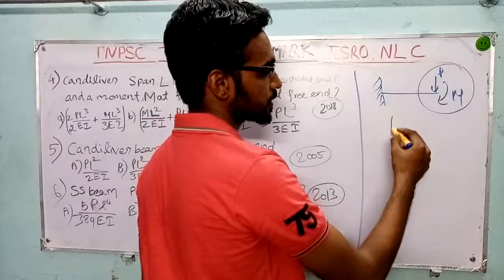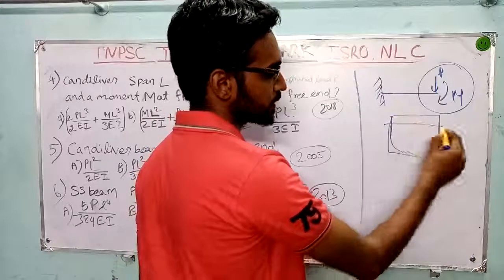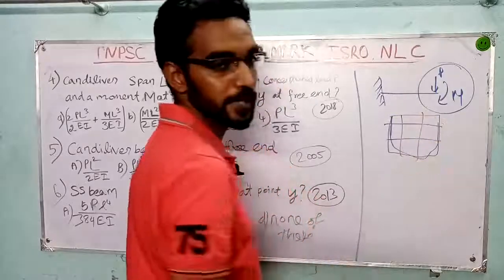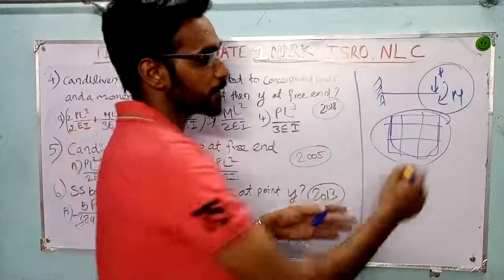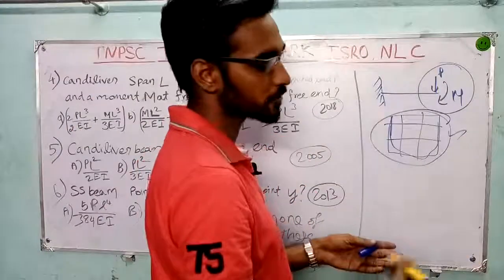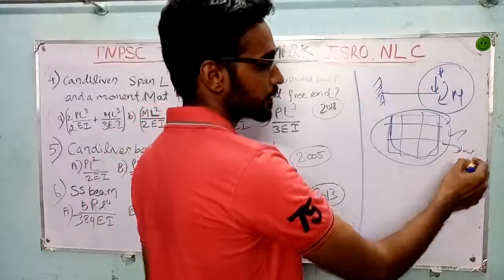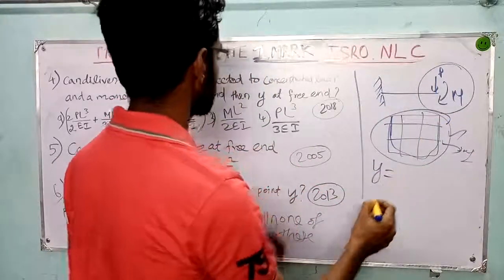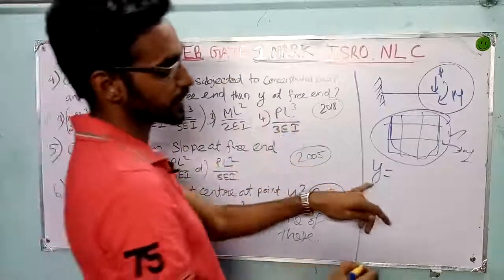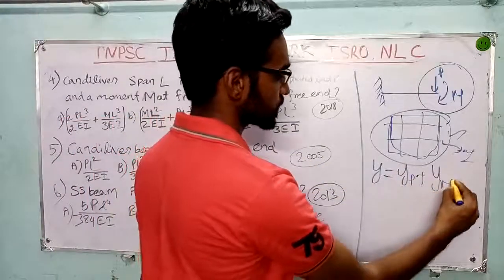I already showed in part 2 one table, and I will also give some hints on how to memorize it. Using those hints you can directly put it. Total deflection at the free end will be deflection due to point load plus deflection due to moment.